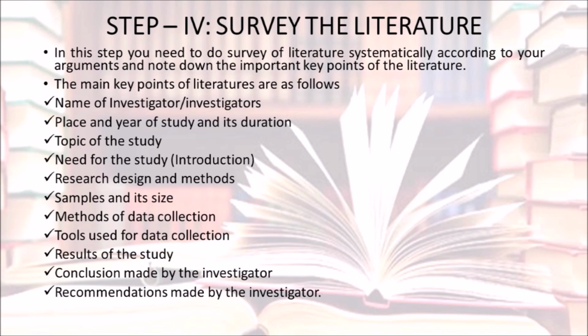The main key points of literature are as follows: name of investigator or investigators, place and year of the study and its duration, topic of the study, need for the study, that is the introductory part of the study, then research design and methods of the studies, then samples and their size, methods of data collection, tools used for data collection, results of the study, conclusion made by the investigator, then recommendations made by the investigator.